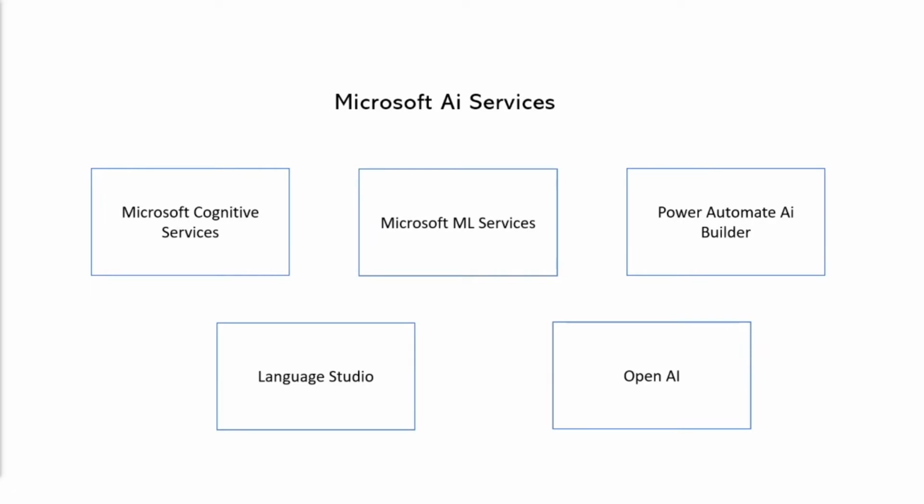It also has configuration-level capabilities which minimize the time to write code, for example, Q&A Maker and language understanding services. It also has the capability of developing your own custom language model.